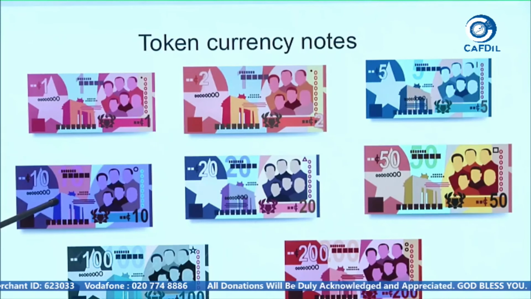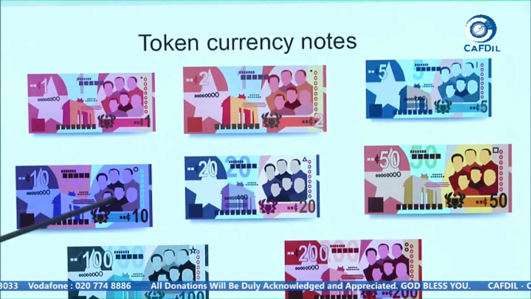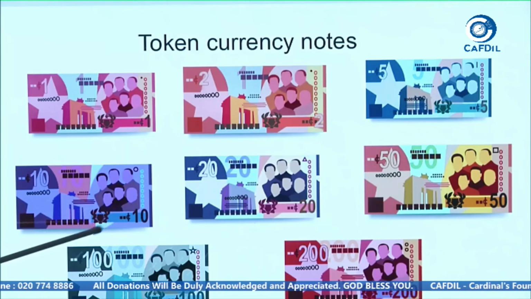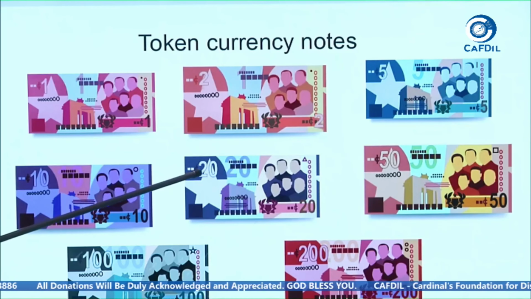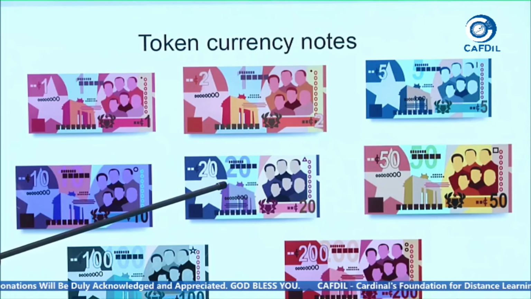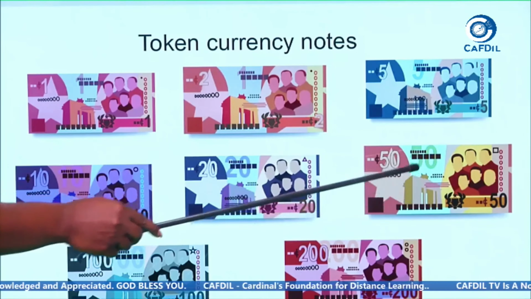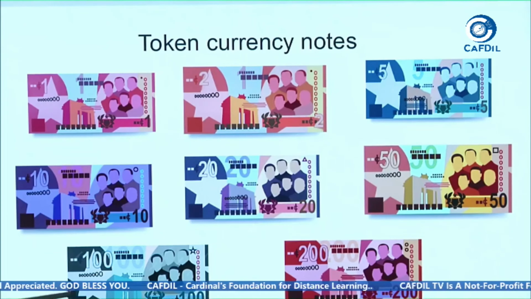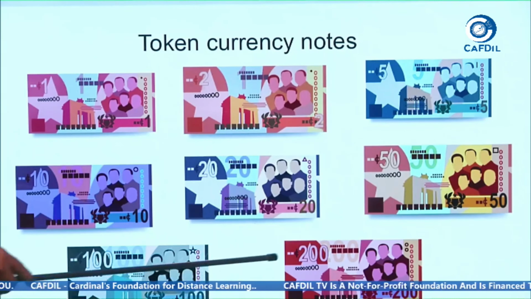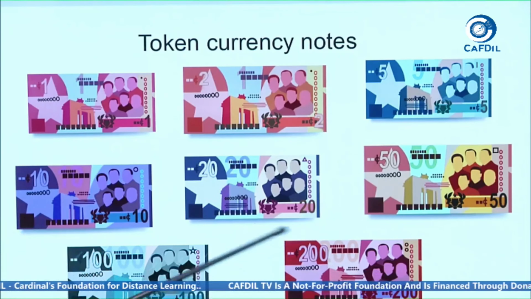This is the 10 cedis. I hope you can see it on your screen. 20 Ghana cedis. We have 50 here, 50 cedis. This is the 100 Ghana cedis. And our 200 Ghana cedis.